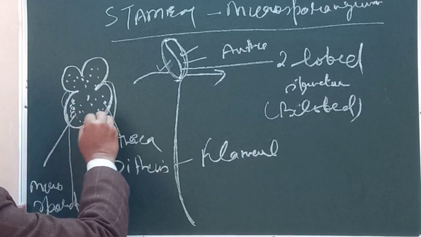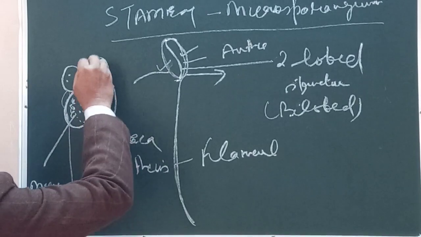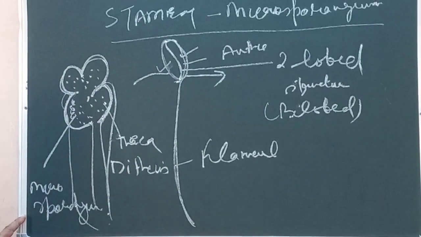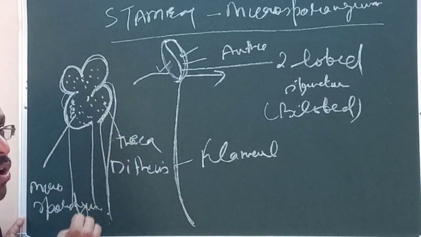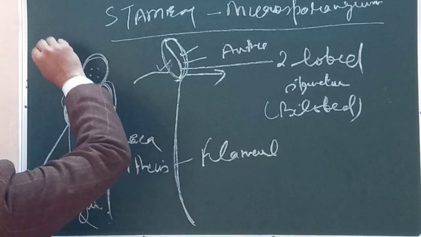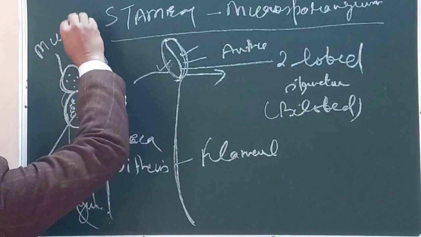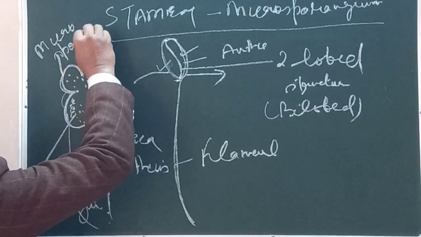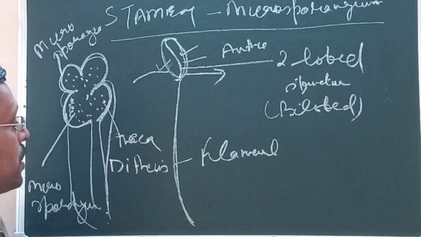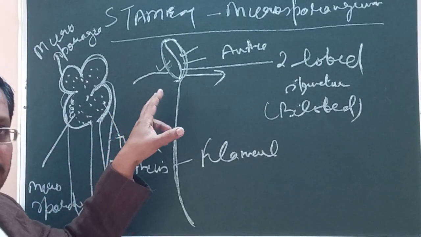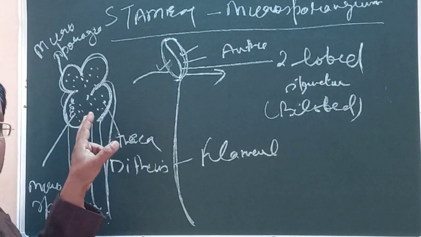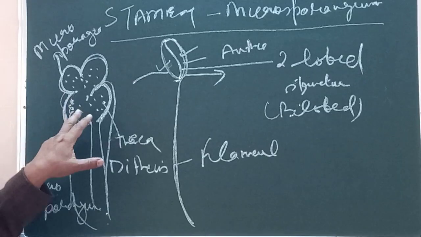One microsporangium, second microsporangium, third microsporangium, fourth microsporangium. Together they are called microsporangia. So the anther is a bilobed structure having two thecae in each lobe, and altogether it is a dithecous structure.